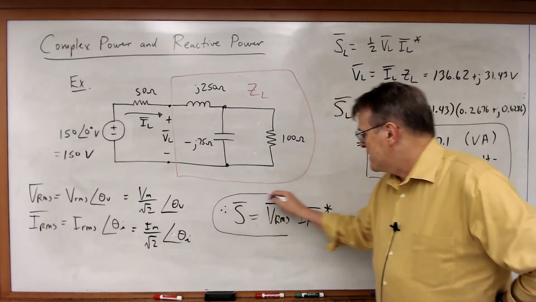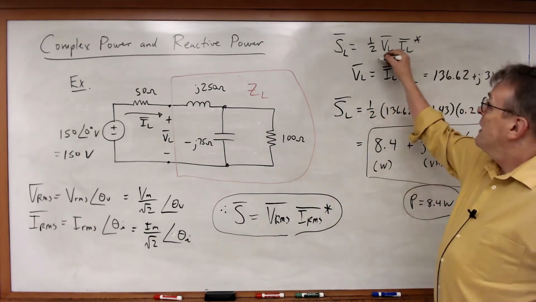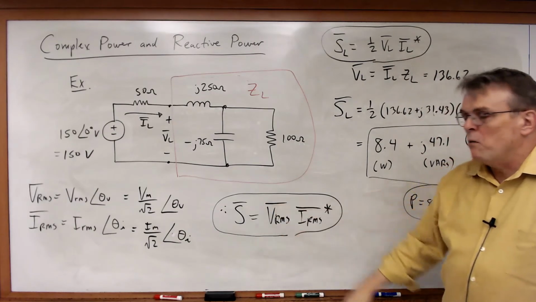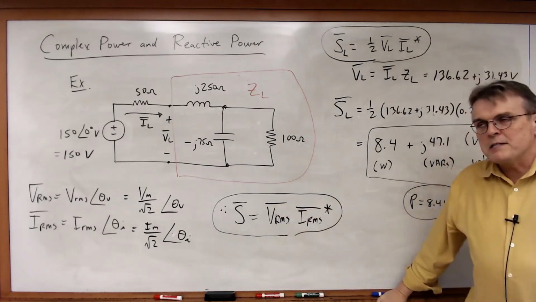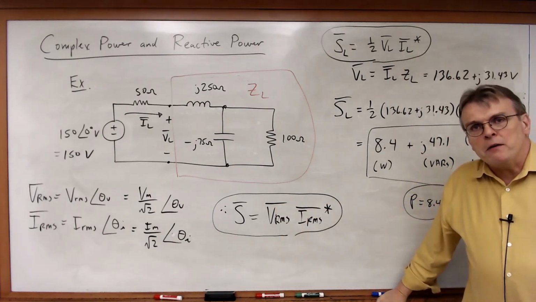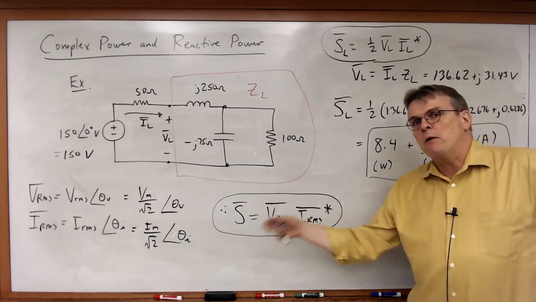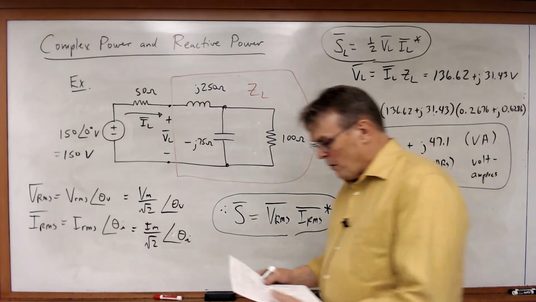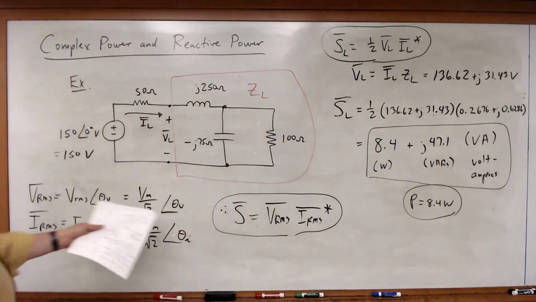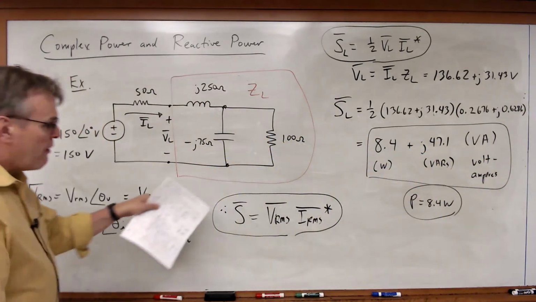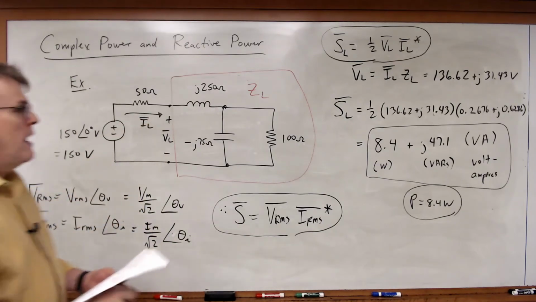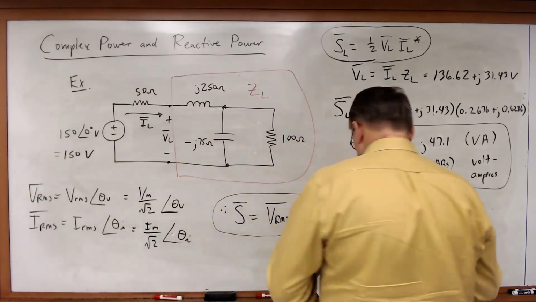What do I get out of this? I get the same answer as I would get up here, except now I've dropped that 1/2. And of course, that's what an RMS or an effective value does. It basically eliminates that 1/2 term from all of our power equations. Okay? Given this, let's apply this definition to the same example. I'm going to go ahead and do a little bit of recalculation.